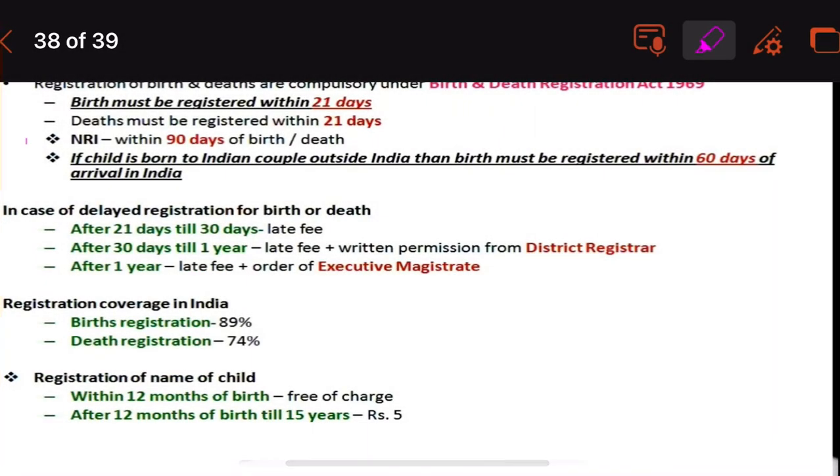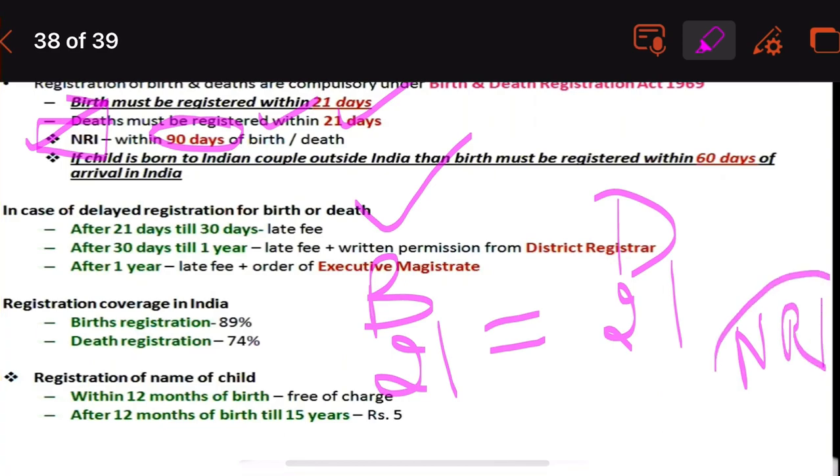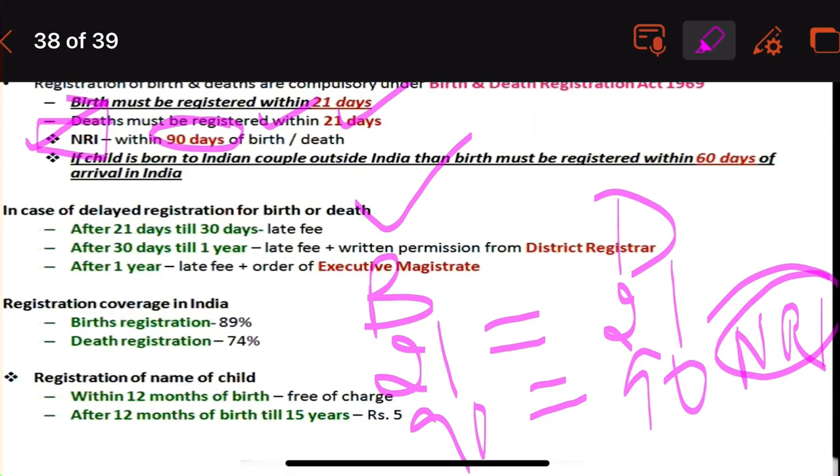If the person is an NRI, it must be recorded within 90 days of birth and death. The number of days is equal for both birth and death.